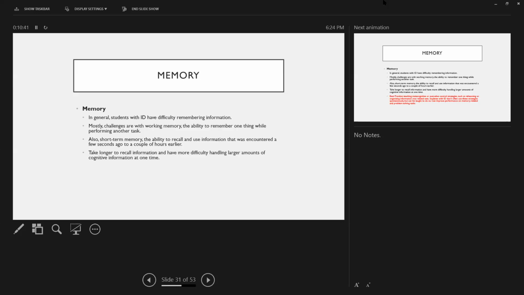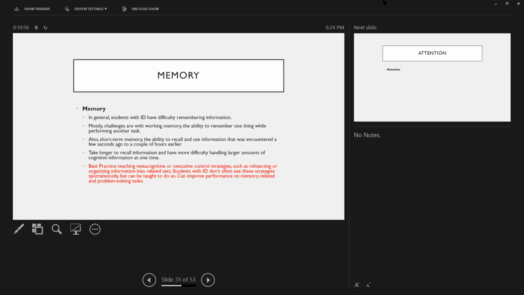That is one factor of instruction that would need to be taken into consideration when attempting to teach students with intellectual disabilities. It's not saying too much either, so it's overwhelming. Right, sticking to just the important elements of what the student needs to know in order to solve the problem.